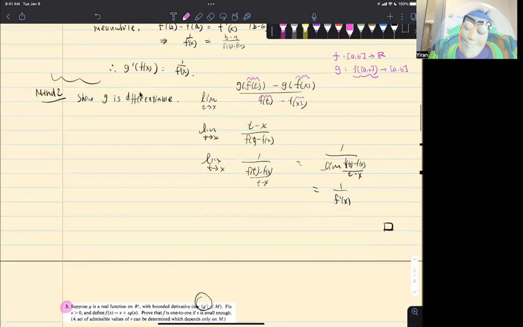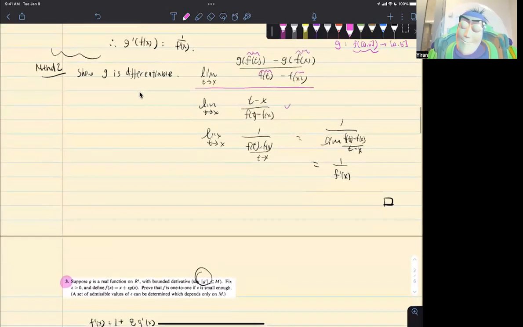Okay, so we want to show the existence of the limit, and we're going to take advantage of the hypothesis that f is differentiable, right? So this is equal to this using the definition of the inverse function. And as you notice, rearranging it a little bit, we obtain this.